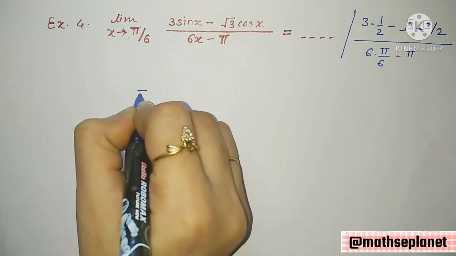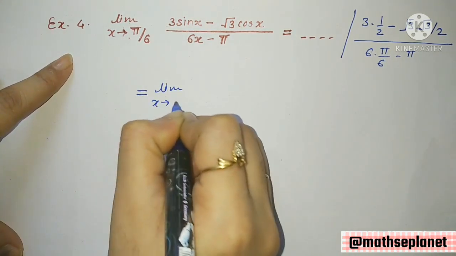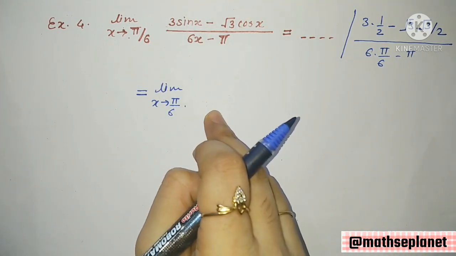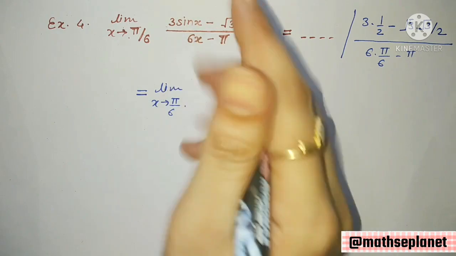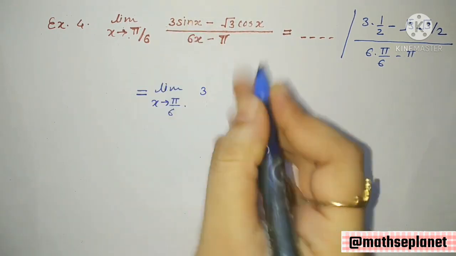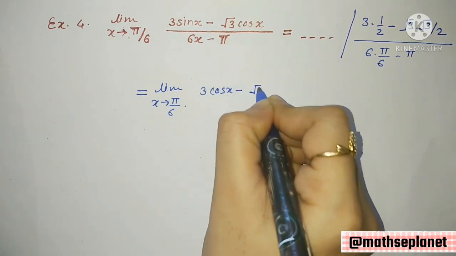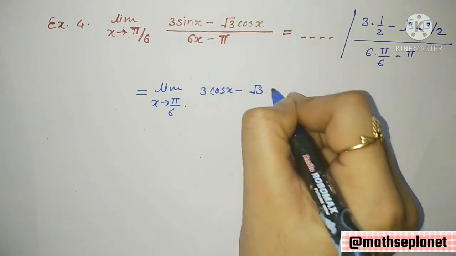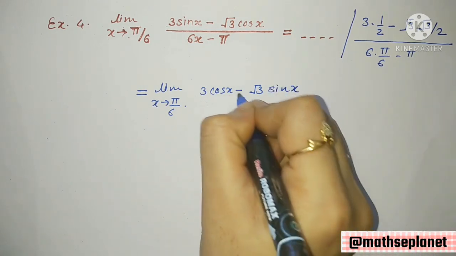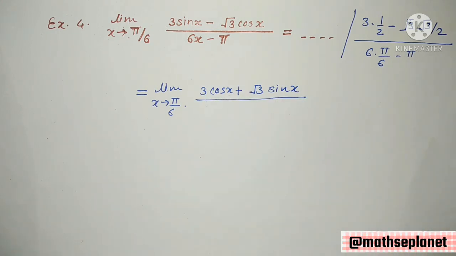Limit x tends to pi by 6. Now in the numerator and denominator we have to take the differentiation. So 3 into the derivative of sin x, which is cos x, minus root 3 as it is; the differentiation of cos x is minus sin x, so the minus sign will become plus.